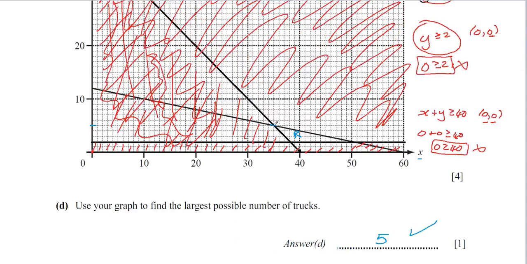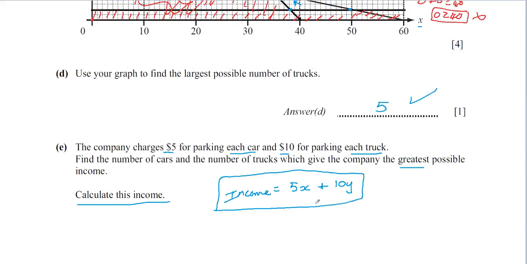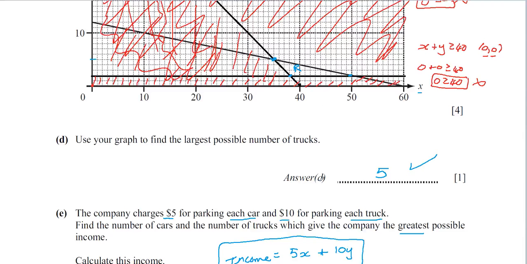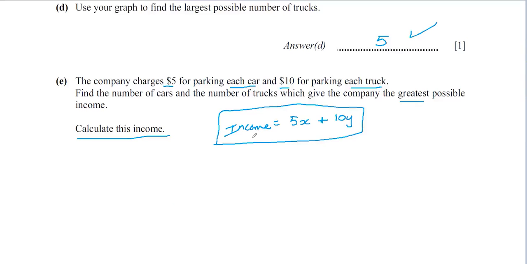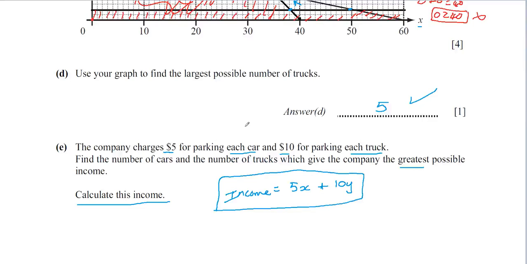So the corners of our triangle, or the vertices, are the values which will give us a solution to this problem. It's always the case in linear programming. So take these coordinates, put them into this equation, and the one that gives you the highest value for income is the number of cars and trucks which give you the greatest possible income.